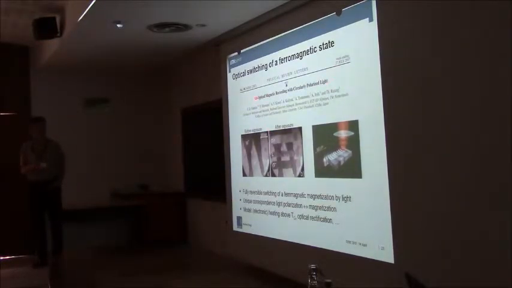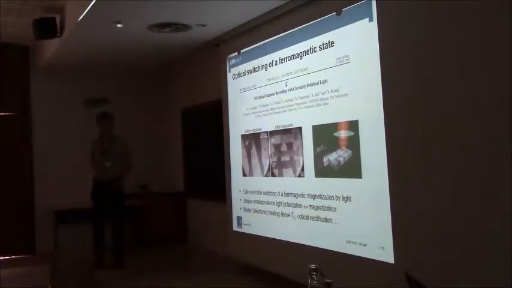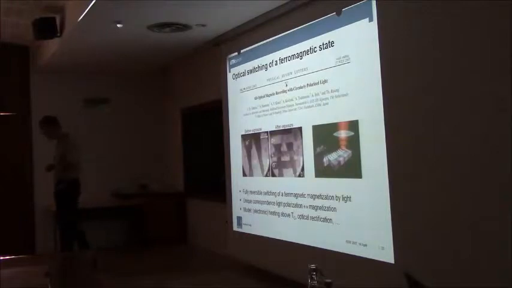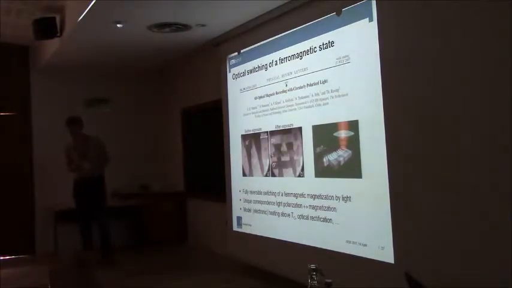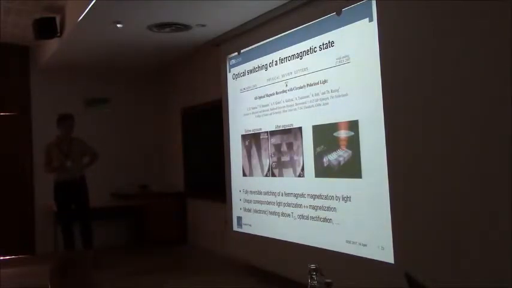So there is a community that is interested in switching magnetism optically. So imagine you have your hard disk and you don't have to fuss around with magnetic fields to switch your bits, but you just shine in light and you reverse your bit. Like heat-assisted magnetic recording is a derivative of that.